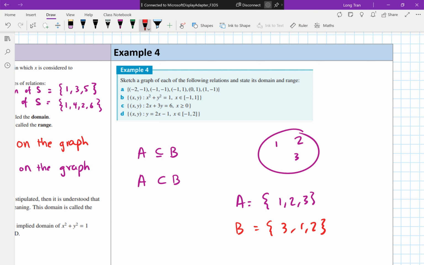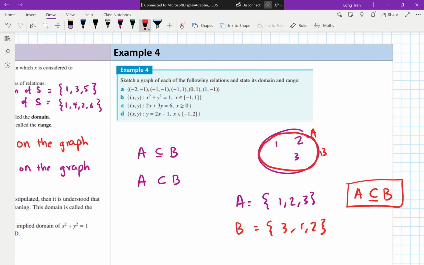Then you ask, is it true to say that A is a subset of B? Yeah. If I were to draw it, if this is A, well then B is also the same shape. So technically, I would use this symbol and I'd say A is a subset of B or B is a subset of A. Both are true, right? But a proper subset, this would not be a proper subset.